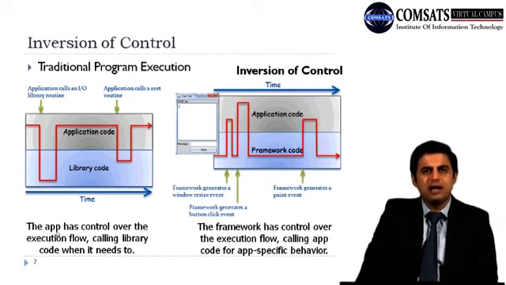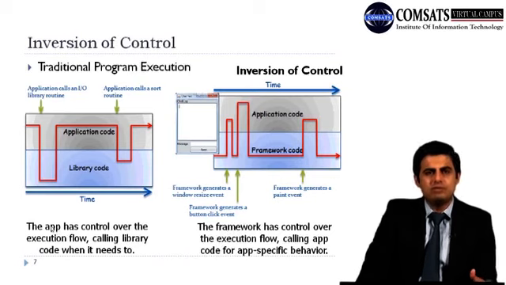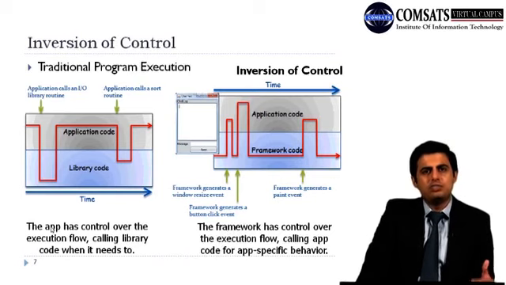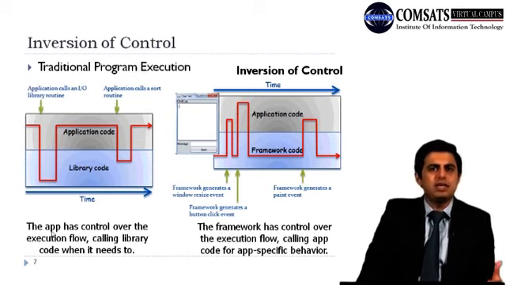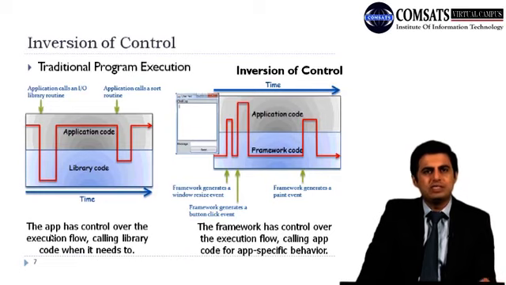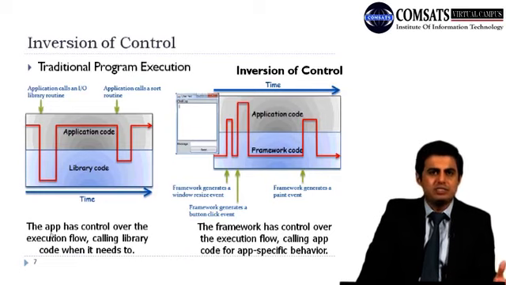So here you have got the application which has that control. Control means that in an application, whatever is written, the compiler goes line by line and does the job which is written in those lines, and it doesn't have anything else to do. When the code finishes, the compiler leaves the system.